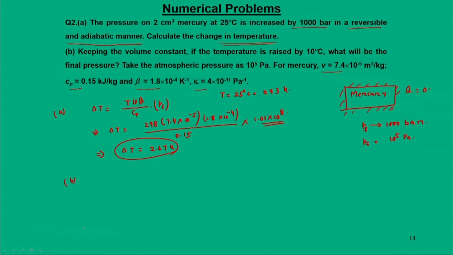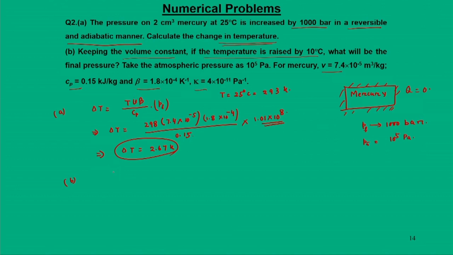And second part, again we say that when the volume is kept constant and temperature is raised by 10 degree centigrade. For that we have not derived these relations, which we are going to do now.